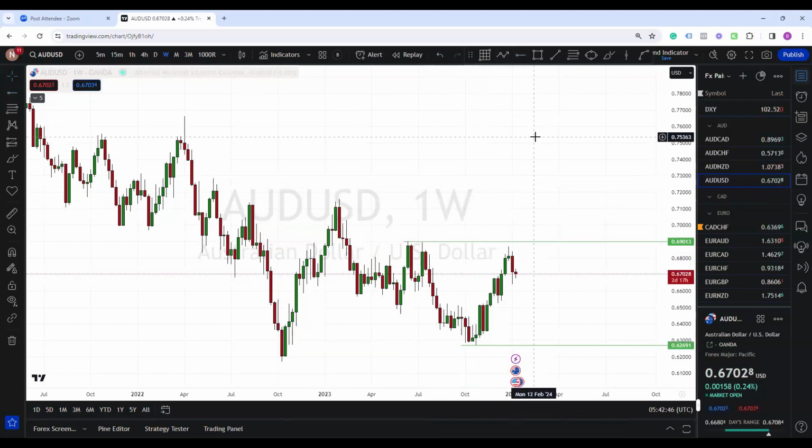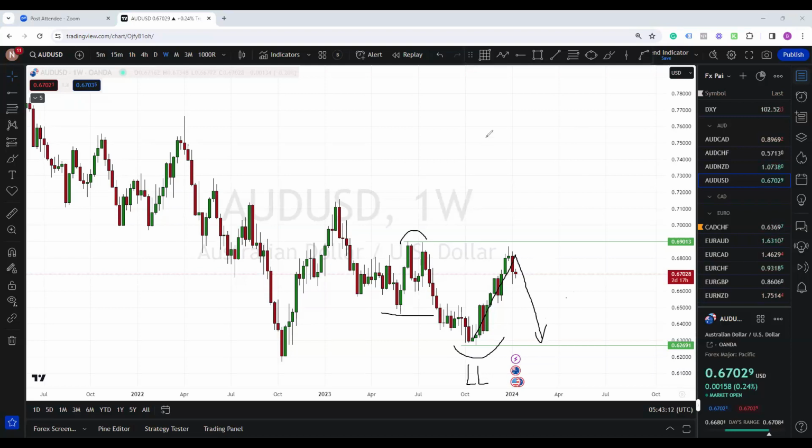So to me this is the range. This is the high, and this low was taken out, then made a low. So this is just a retracement, and you expect the price to come down again. Yeah, that's the expectation.